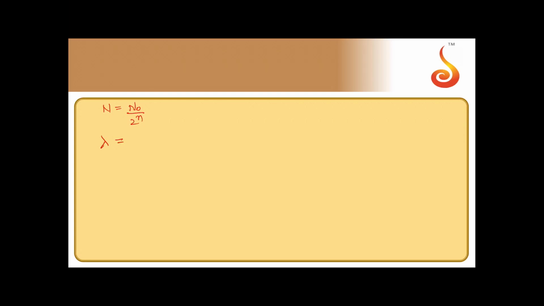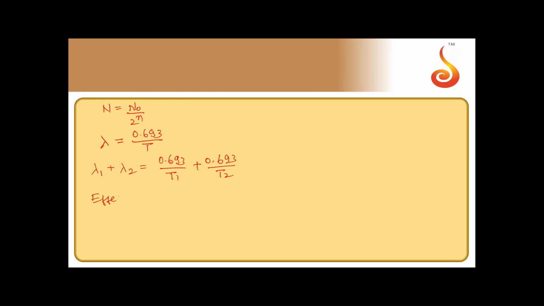We know that lambda for one material is 0.693 divided by half-life T. Now there are two things mixed, so the effective lambda will be lambda 1 plus lambda 2, that is 0.693 by T1 plus 0.693 by T2.